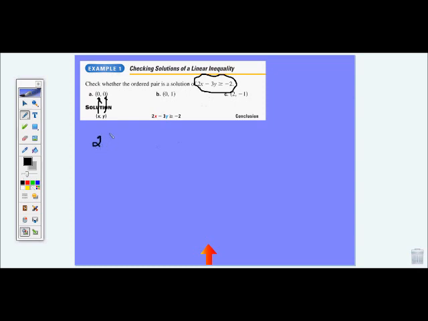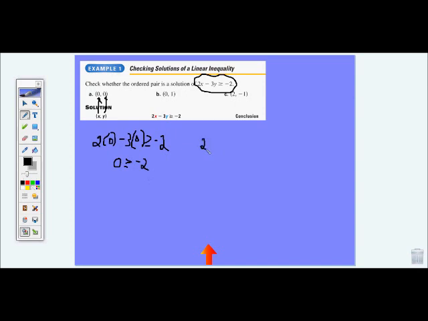So the first one would be 2 times 0 minus 3, substituting in the y value, which is also 0. And you're going to say, is that greater than or equal to negative 2? Well, 0 minus 0 is 0. And is 0 greater than negative 2? Yes, it is, because it's to the right of it on the number line. I'll show you those number lines in just a second.